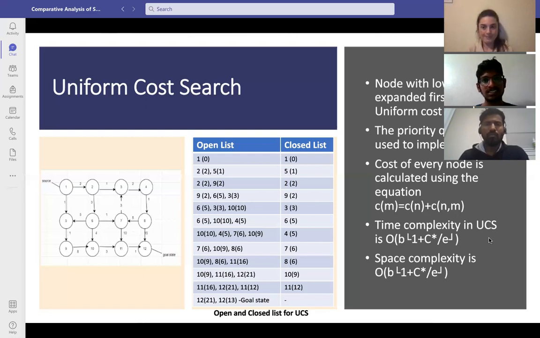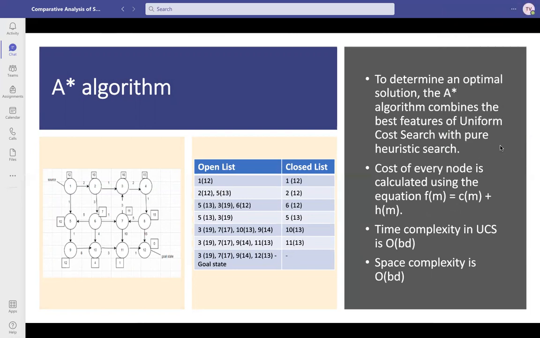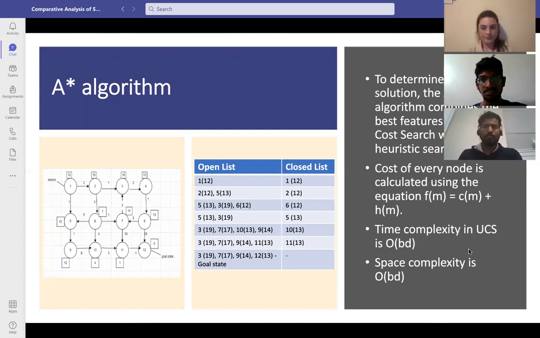And the next search is the A star algorithm. This is a combination of uniform cost search with pure heuristic search. Here we will get function f after combining function c and function h.